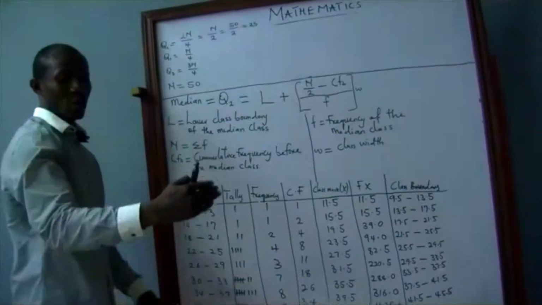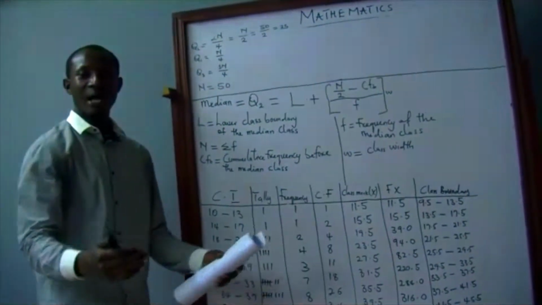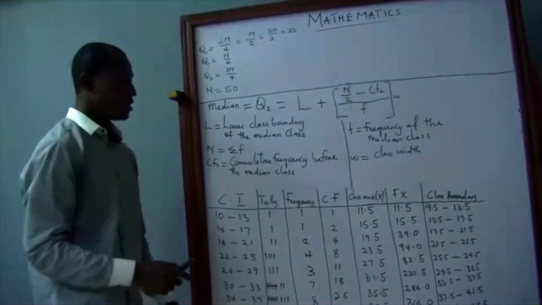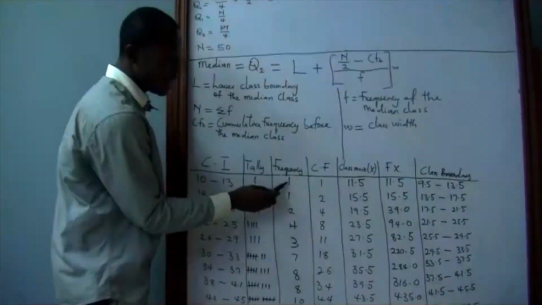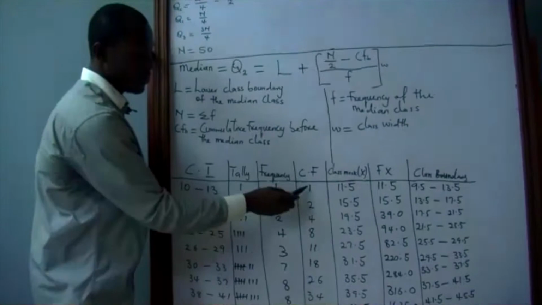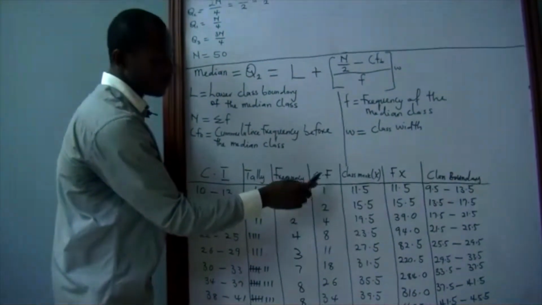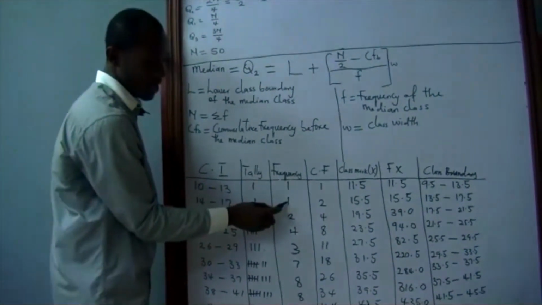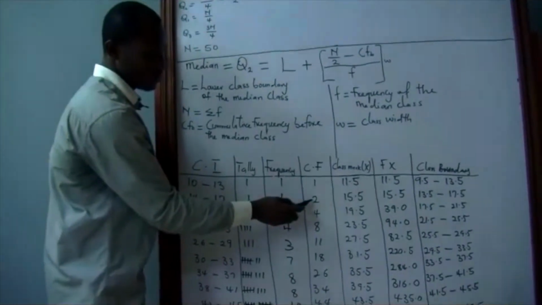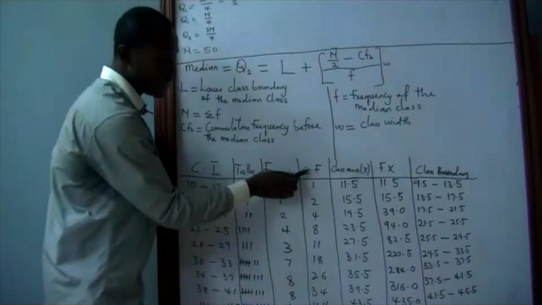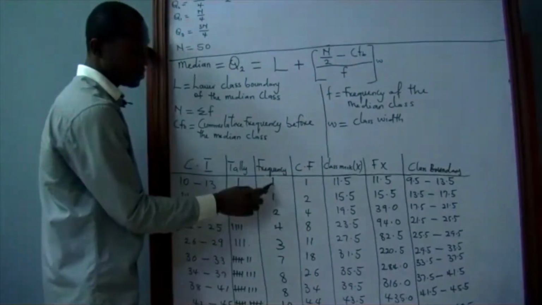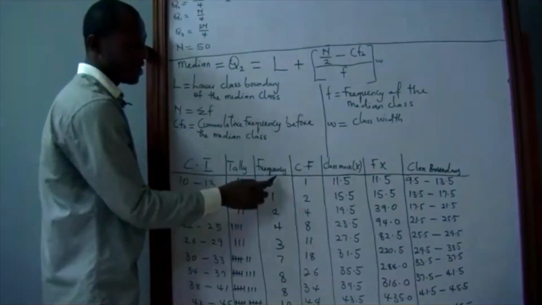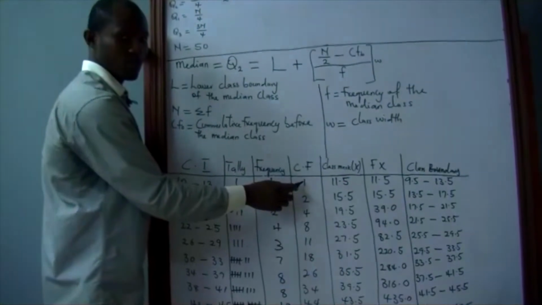Cumulative comes from the word accumulate, to add together or to combine. So the frequency has been accumulated here. I'm trying to explain how I obtained my cumulative frequencies. Whatever number we have here as the first, just repeat it here first.